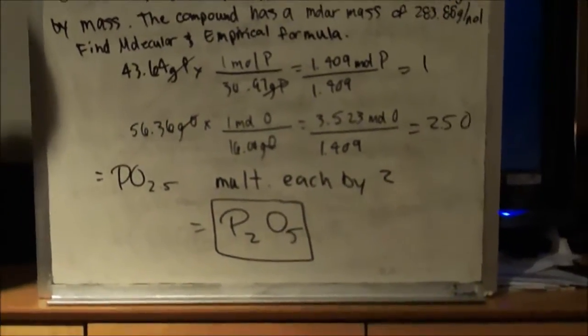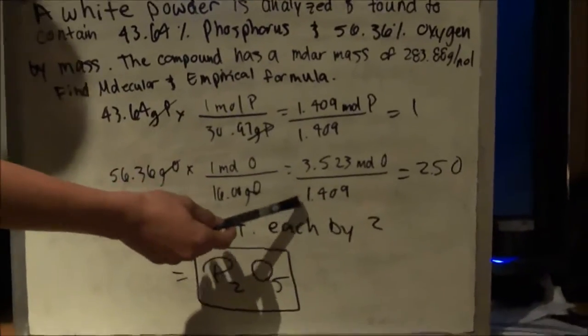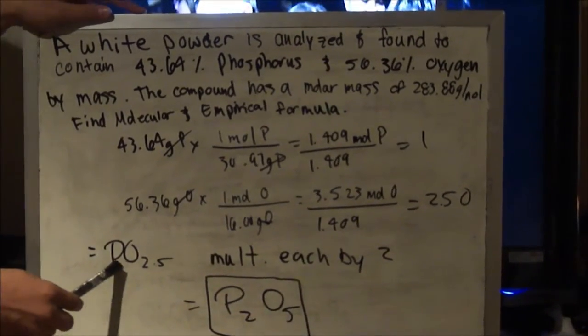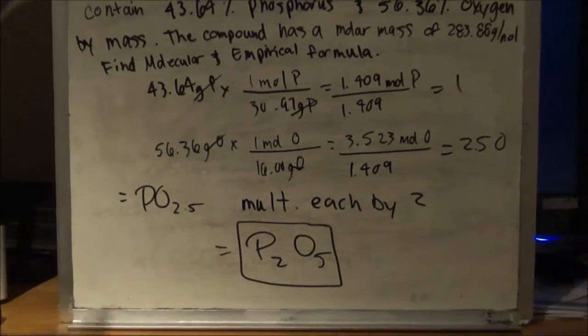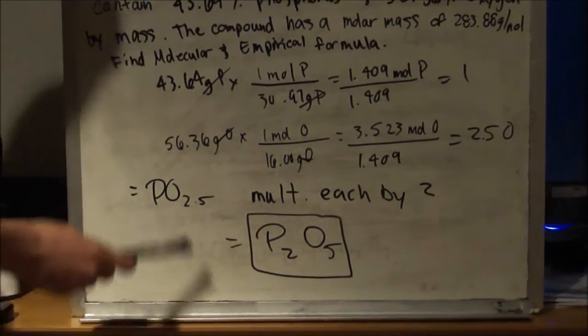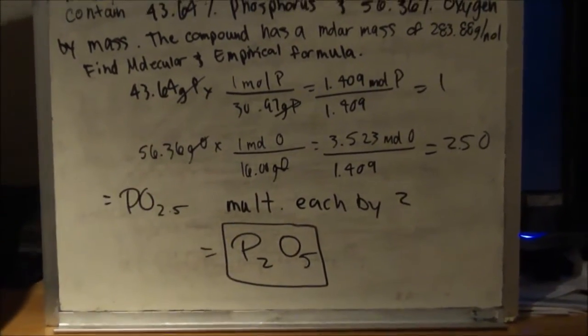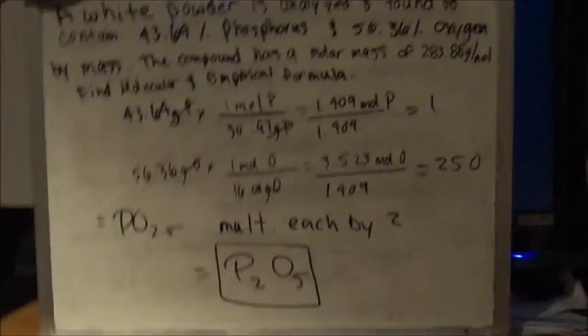And you divide by the smallest number of moles, so you divide by 1.409 for both. So you get 1 and 2.5. And this will be the empirical, but you can't have a decimal form, so you have to have whole numbers. So you multiply each by 2 and that gives you P2O5.